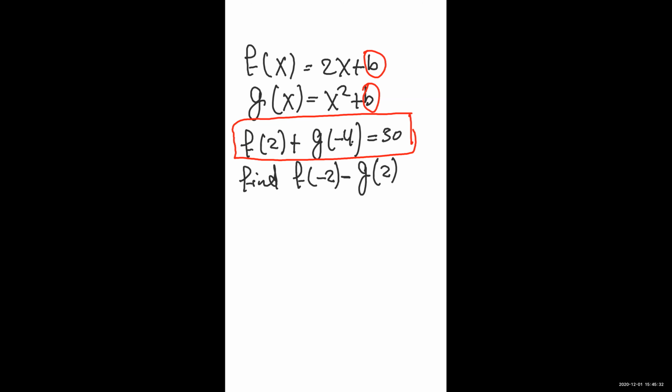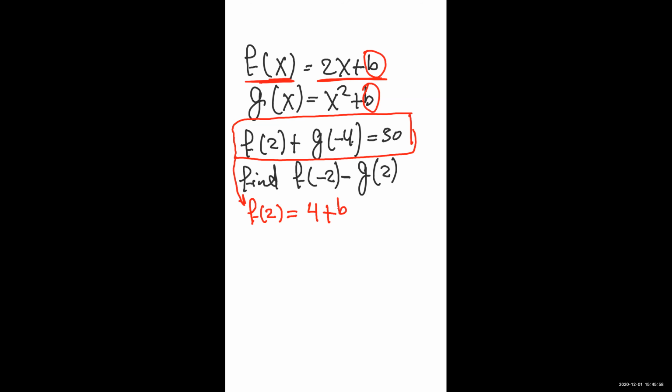Okay, it's easy. So from this one first, f of 2 will equal, now f of x equals 2x plus b. So now x will equal 2 because I'm getting f of 2. So each x will equal 2. So f of 2 will equal 2x, means 2 times 2, which is 4, plus b.